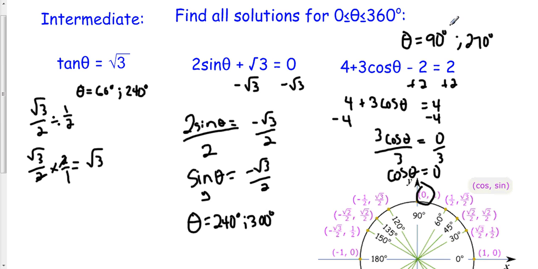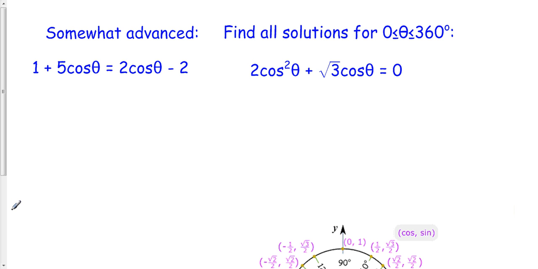All right, so those are the three kind of intermediate level questions. Let's look at some somewhat advanced questions. It definitely gets harder than these two, but let's take a look at these two. So the first one, it's just like the previous one. We solve for cosine, and then we figure out what the answer is from there.